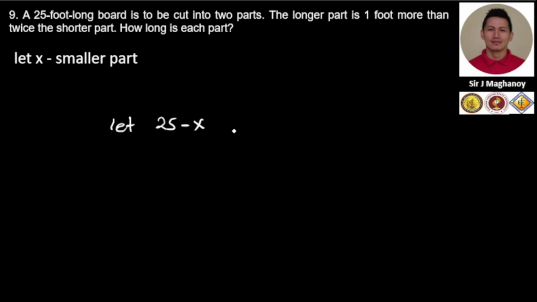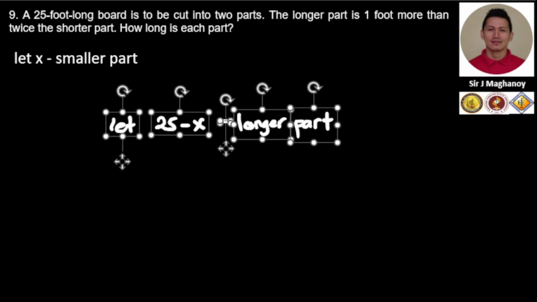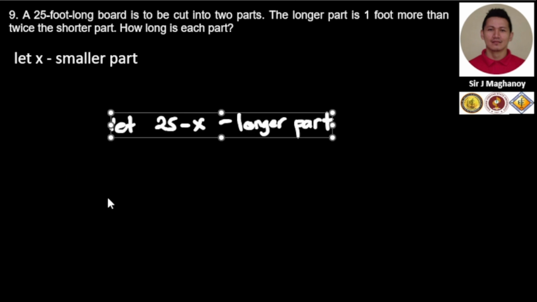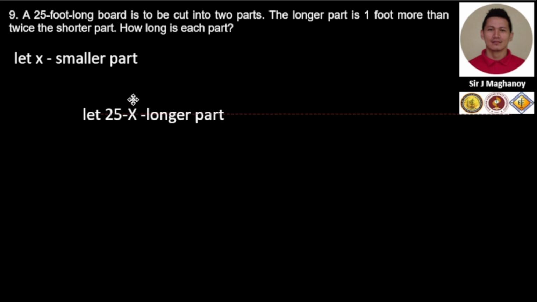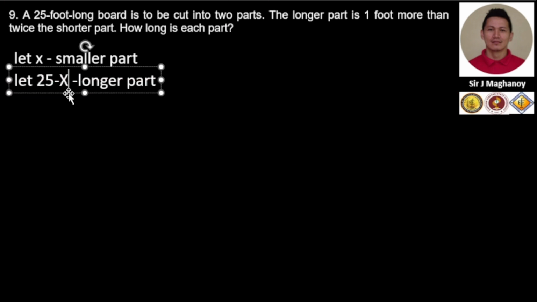Just like we did in our previous example, so this is our longer part, the difference of the 25-foot and our smaller part. That is our longer part, 25 minus x.